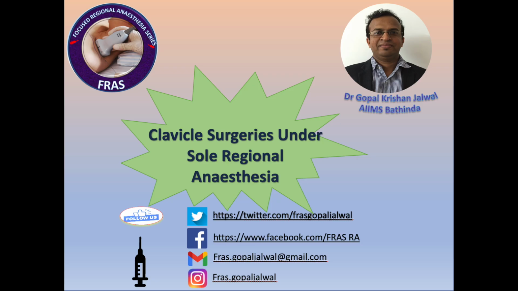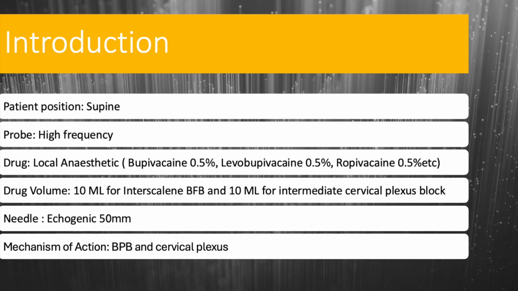In this video, I will demonstrate how you can perform clavicle surgeries under sole regional anesthesia technique. For clavicle surgery, we have to perform two blocks: the interscalene brachial plexus block and the intermediate cervical plexus block.